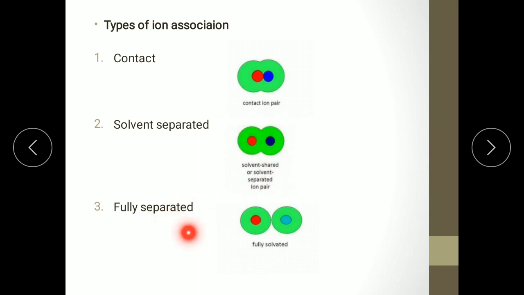And third one is fully separated, means these ions are fully separated and they are individually separated with the solvent surrounding. आयंस को इंडिविजुअल सॉल्वेंट मॉलिक्यूल सराउंडिंग रहता है एंड दे आर फुल्ली सेपरेटेड. So these are the three types of ion association: contact, solvent separated, and fully separated.